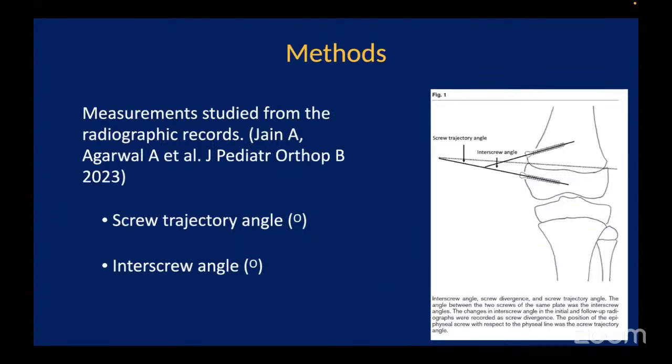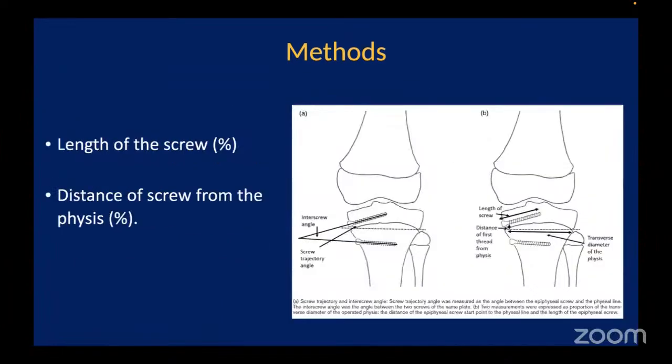The measurements studied from the radiographic records included two important parameters: the screw trajectory angle, as shown in the figure, which is the angle made by the screw at the time of insertion in the plate, and the inter-screw angle, that is the angle between the two screws, measured immediately after the post-operative X-ray.